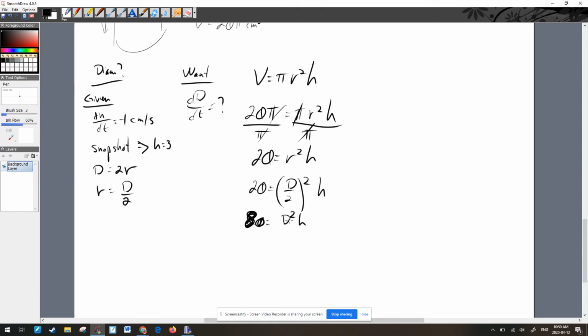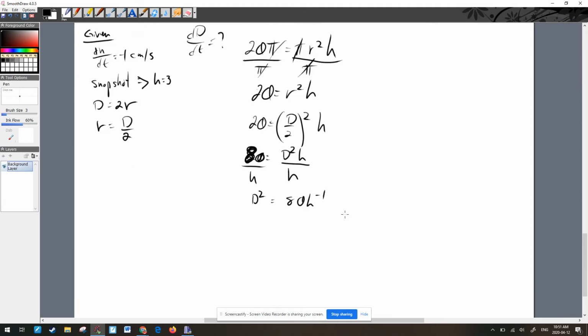But because I want dd by dt, and there's only one simple variable here, I'm going to simplify a little. I'm going to divide by h on both sides, so d squared is equal to 80 h to the negative 1. Now I want dd by dt, so I'm going to differentiate: 2d dd by dt is equal to negative 80 over h squared times dh by dt.